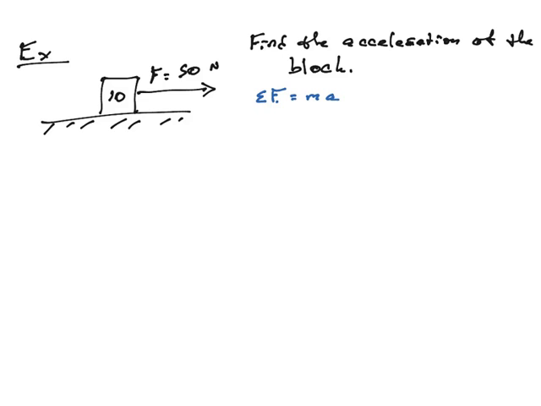Now, before I use it, I want to show you a technique that you better get in the habit of using. I say you better, not because I'll take off points if you don't, but because as you get more and more complicated systems, it's not going to be quite as easy to tell what all the forces are, which forces you have to worry about, which ones you do not, all that kind of stuff.